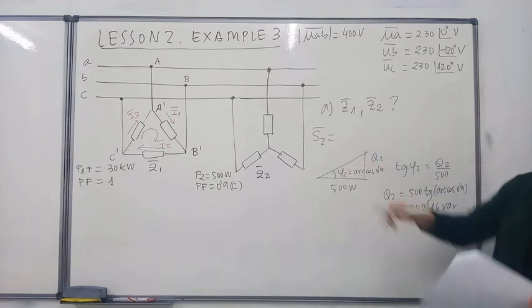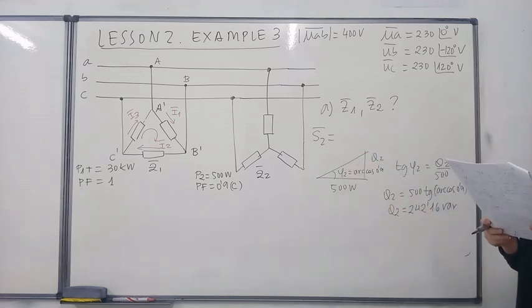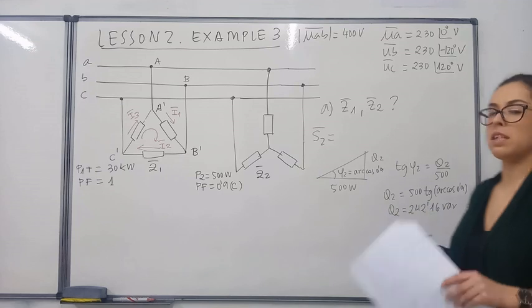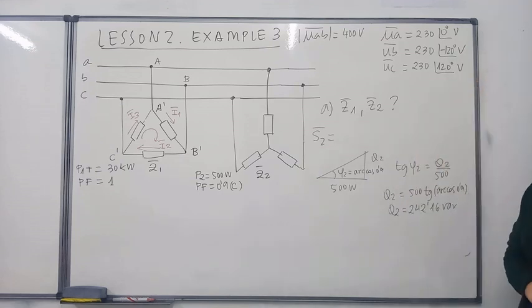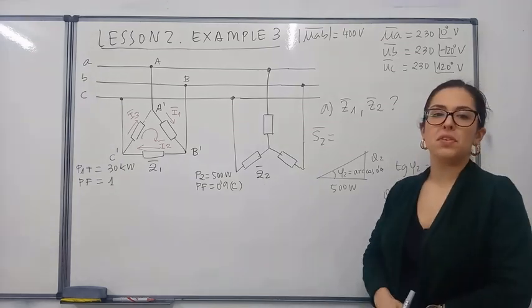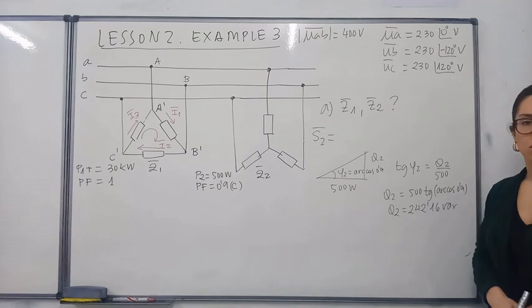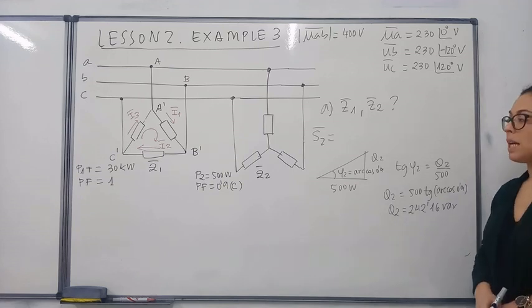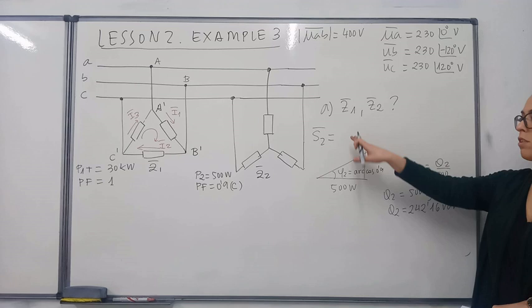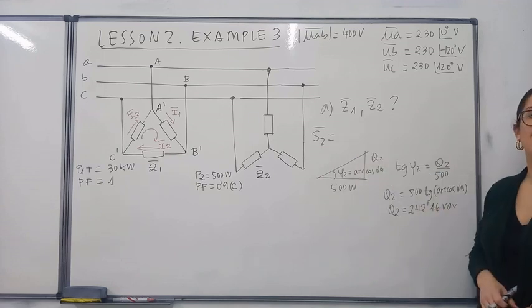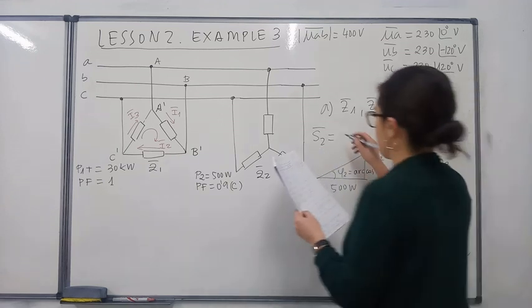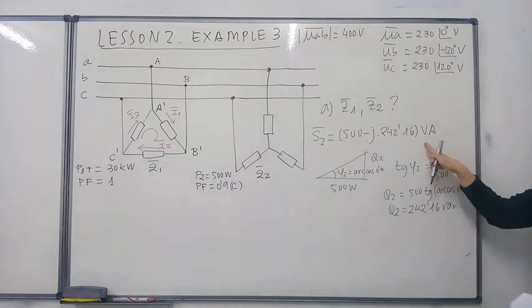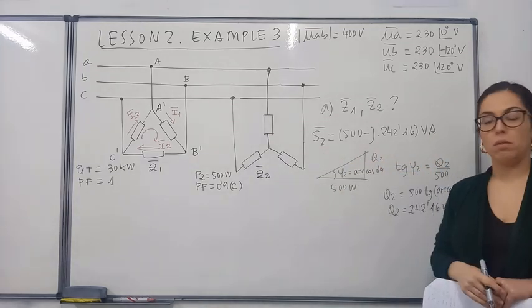Since this is capacitive, that means that it generates reactive power, so we need to introduce the reactive power with a negative sign. So here we have the complex power of one of these loads.